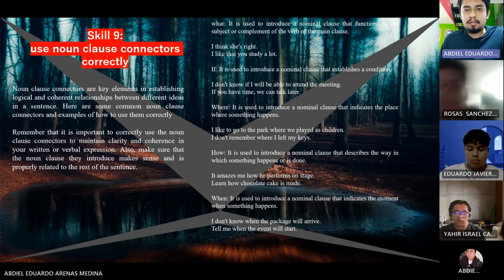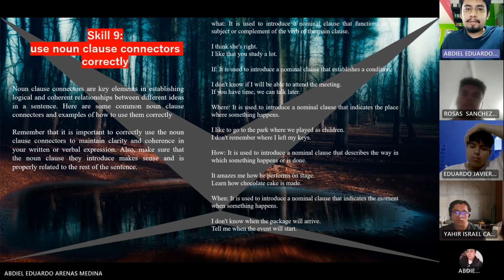Remember that it's important to correctly use noun clause connectors to maintain clarity and coherence in written or verbal expression. Also make sure that the noun clause stays in the introduction and is properly related to the rest of the sentence. For example: what, whether, if, where, when, how, who. The next slide.